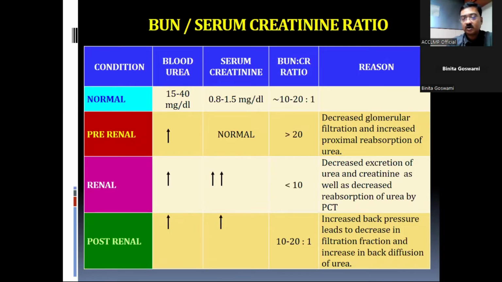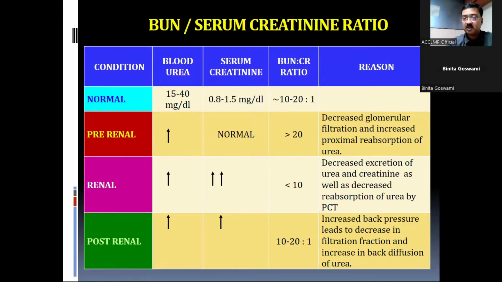These are dehydration and renal shutdown conditions, where you will expect a very high urea in comparison to near normal or slightly raised creatinine. And you will see that the urea creatinine ratio, I am sorry, it's not BUN creatinine, it's urea creatinine ratio, is more than 20:1.